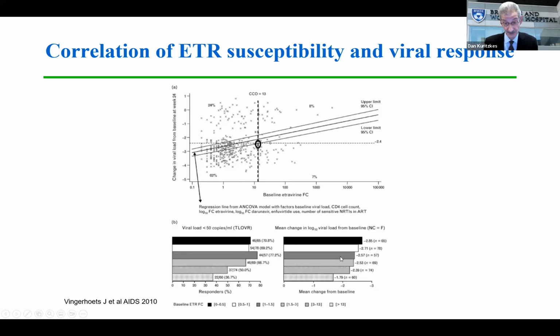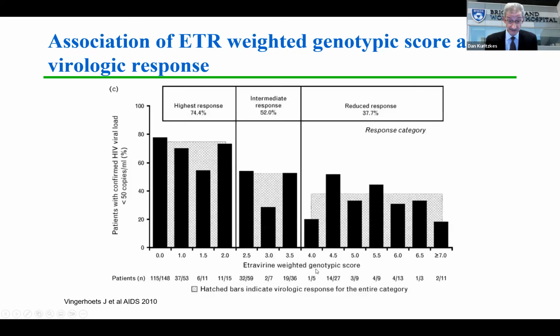You can also do the same analysis for the mean change in virus load by category, where there's a clearer stepwise relationship. And that's been used then to try to categorize the impact of the weighted etravirine genotype score based on the impact of individual mutations on the phenotype, and then categorizing them as those that were associated with the highest response.